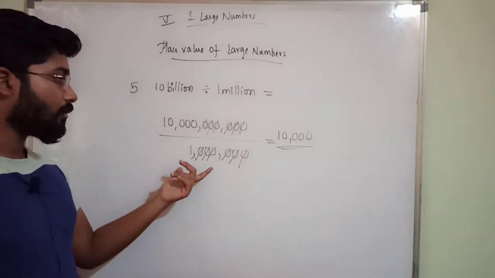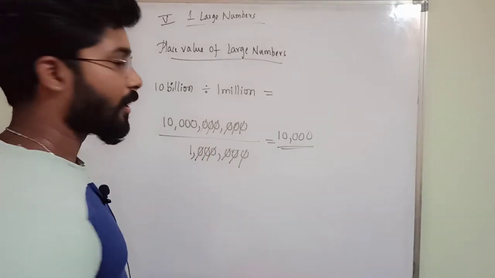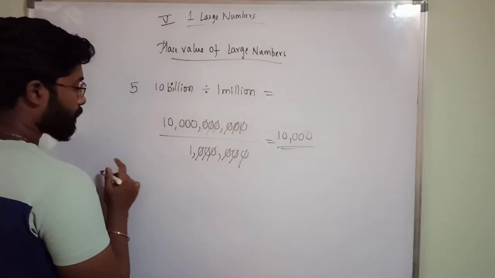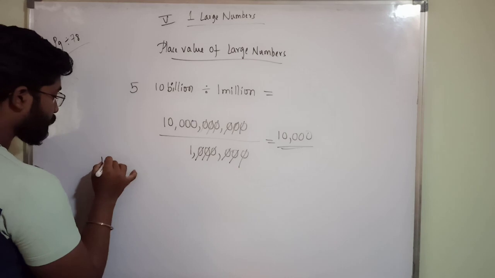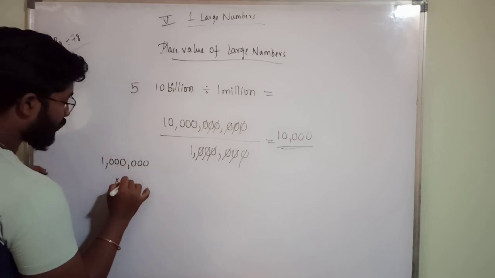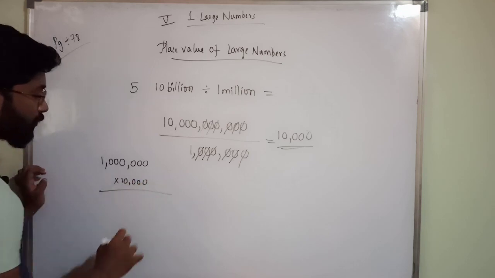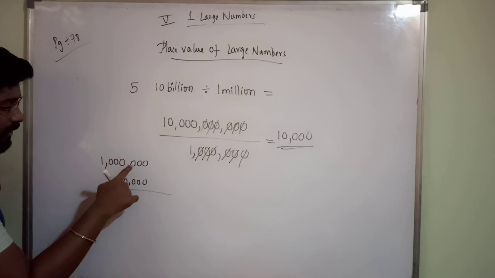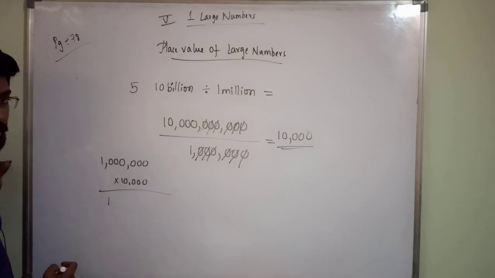Okay. So if you are having a doubt, if you are multiplying 10,000 to this, into 10,000, what you will get? Let us see. 1 into 1, 1. How many zeros are there? 3, 3, 6. 6 plus 4, 10.